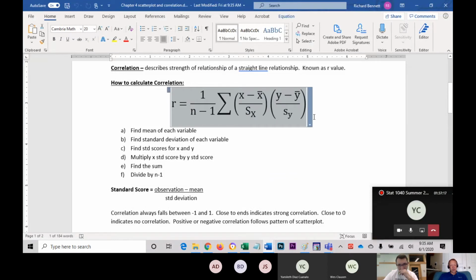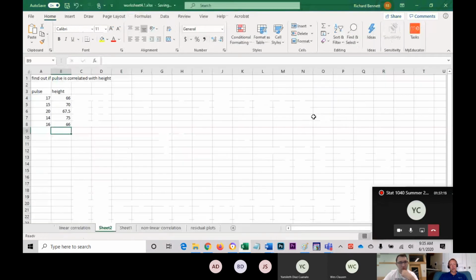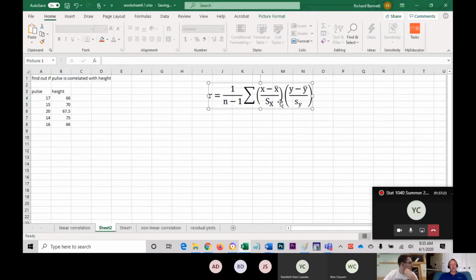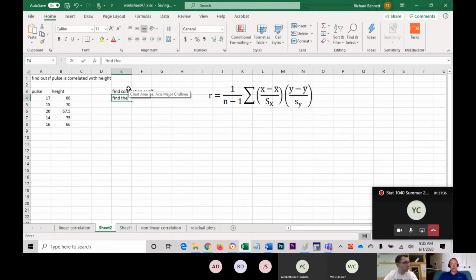So you've got this formula. You'll have this for the test. So the first question, we're actually going to do two things. Hopefully we have enough time. We're going to find the correlation coefficient, and then we're going to find the regression equation.